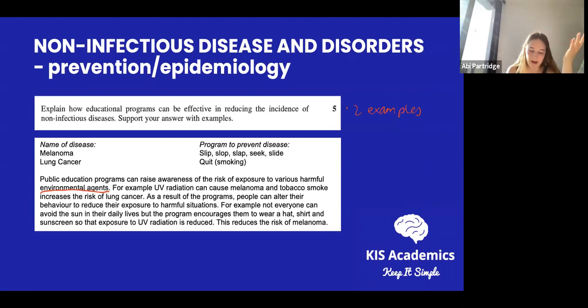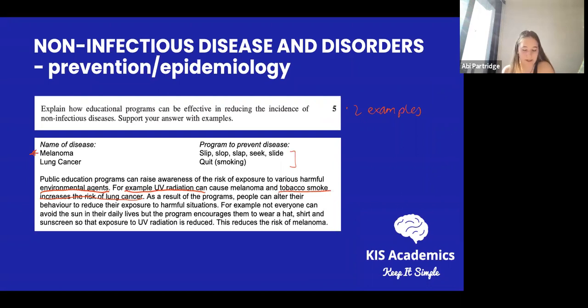This one, they're doing an example for melanoma. They've put up 2 examples and then they're explaining one of them. The UV radiation can cause melanoma, and tobacco smoke. They've explained the UV radiation for melanoma, and then tobacco smoke for lung cancer.